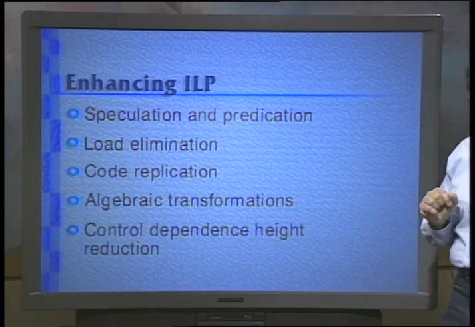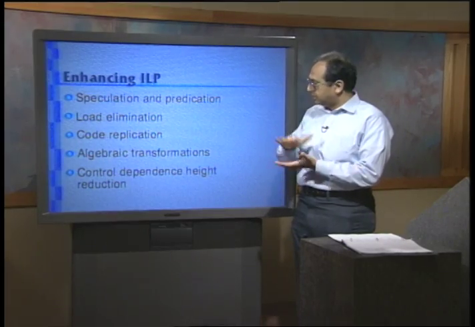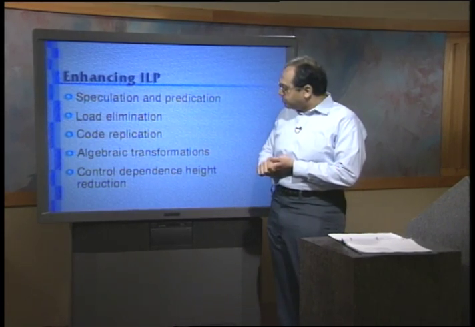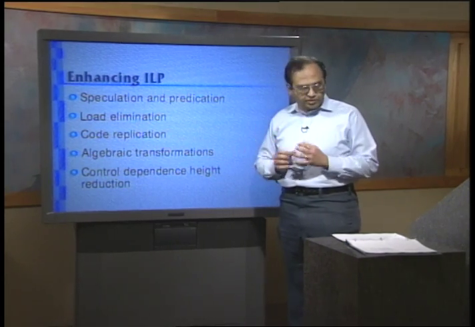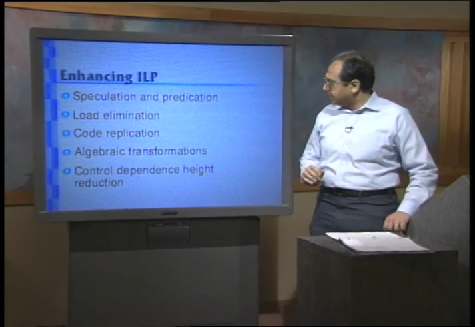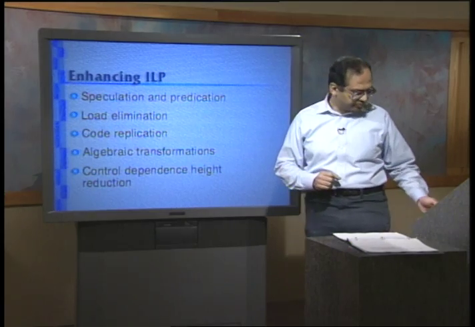Similarly, load elimination, when it's on a critical path, again collapses the depth of the graph and increases the ILP. But eventually we'll have to resort to things which really restructure the nature of the computation quite significantly. And the two things I'd like to talk about are algebraic transformations and control height reduction.